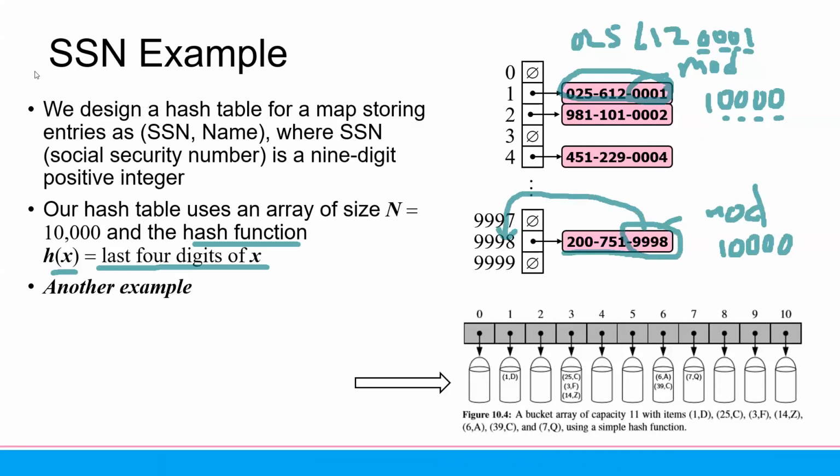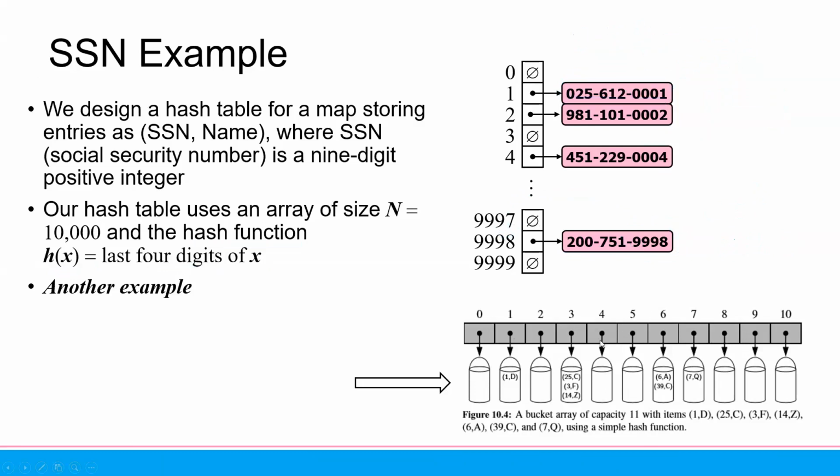Yeah, there can be another example. There is a bucket array of capacity 11. If n, the big N, is 11, I will have the index 0 until 10, because the array goes from 0 until n minus 1.